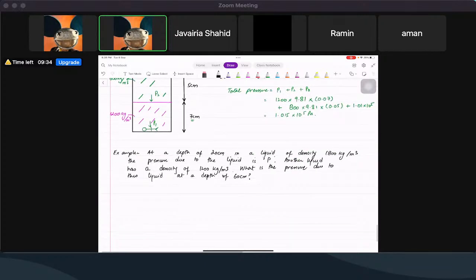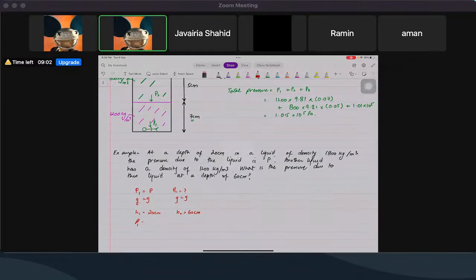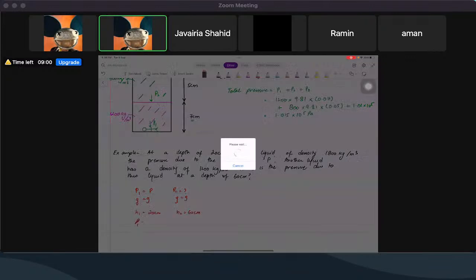Now what they're saying is that the pressure 1 is P, you got to find the pressure 2 if the gravitational field strength is just G for both of them, right? It's G and G. H1 is 20 centimeter, H2 is 60 centimeter.